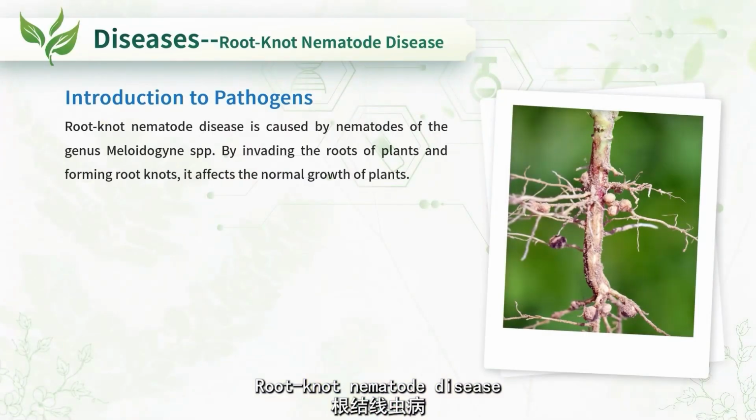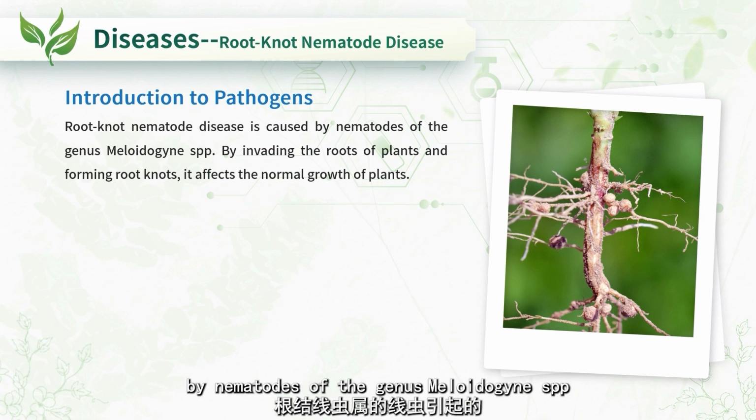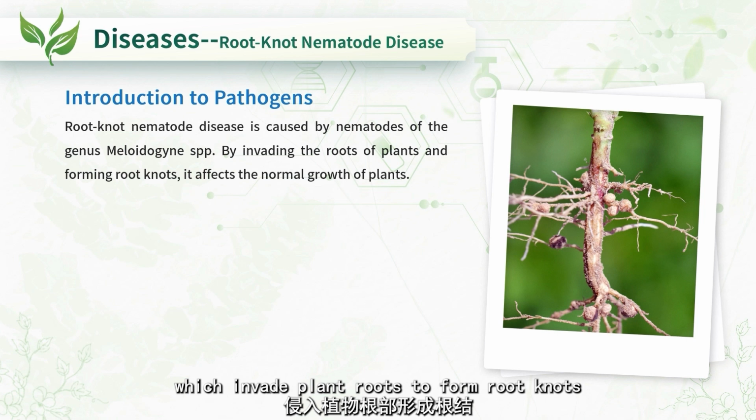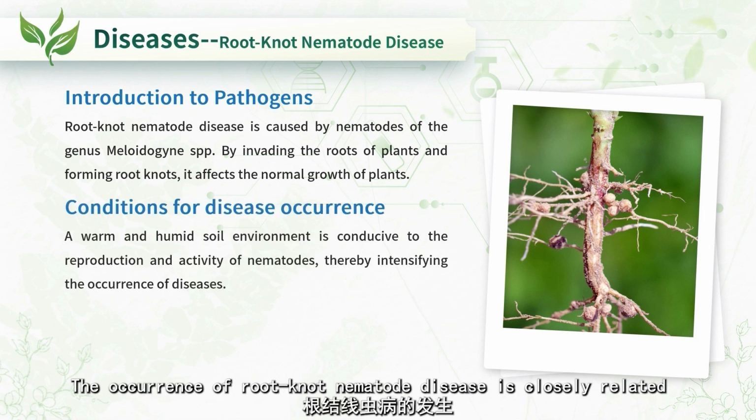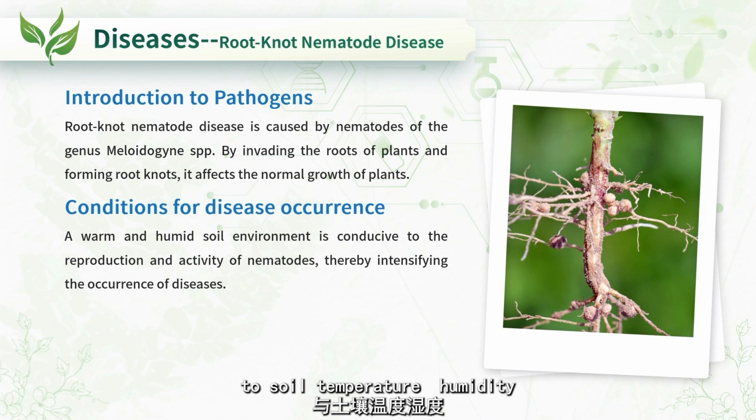Root knot nematode disease. Root knot nematode disease is caused by nematodes of the Meloidogyne spp, which invade plant roots to form root knots, thereby affecting the normal growth of plants. The occurrence of root knot nematode disease is closely related to soil temperature, humidity, and soil type.